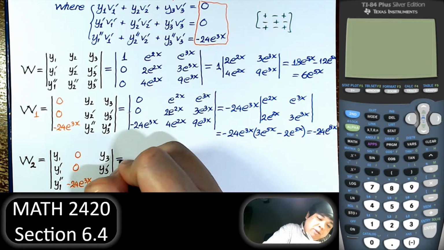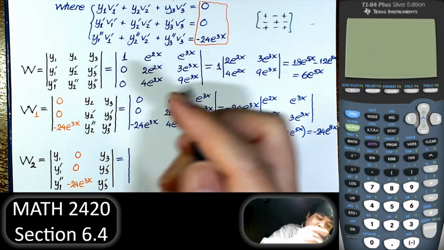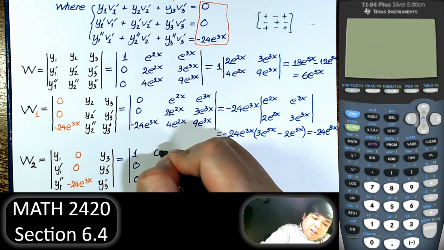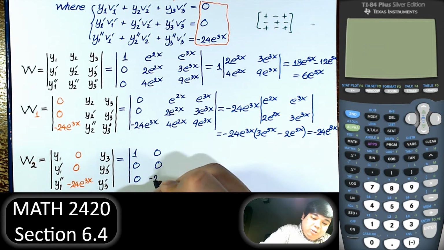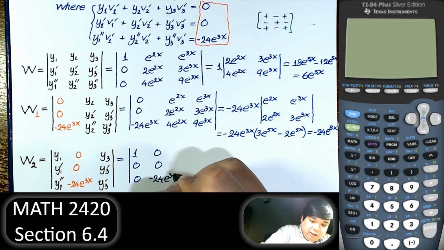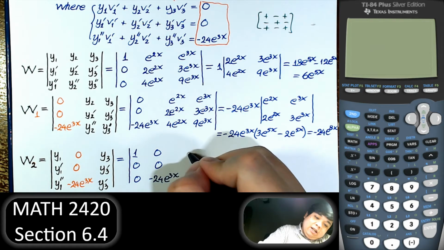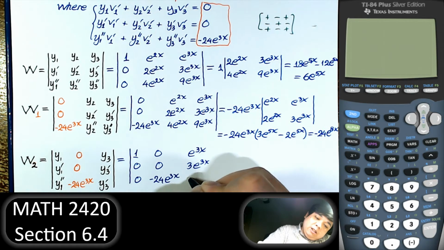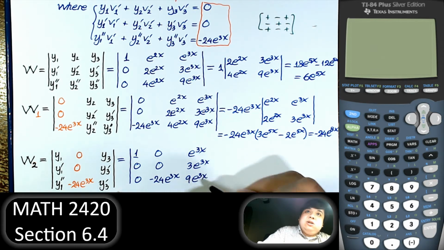Especially in this case, we have a bunch of zeros. 1, 0, 0, 0, 0, negative 24e^(3x). And then e^(3x), 3e^(3x), 9e^(3x).